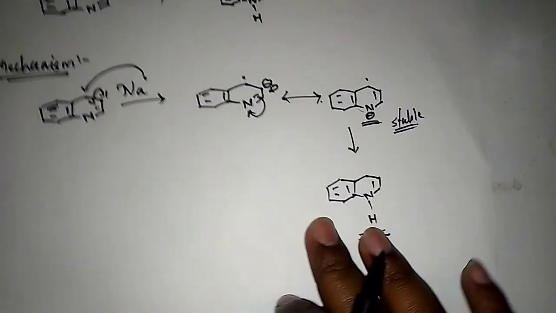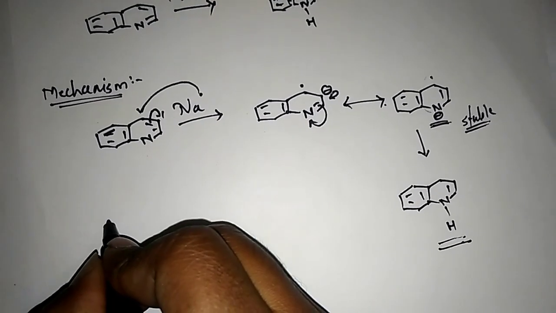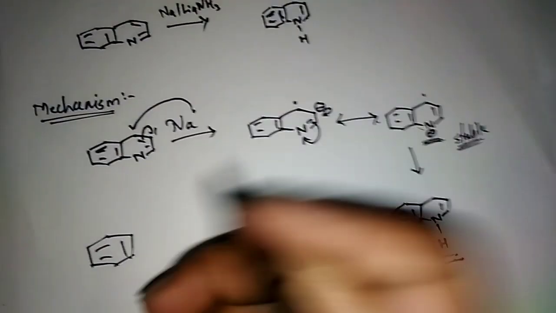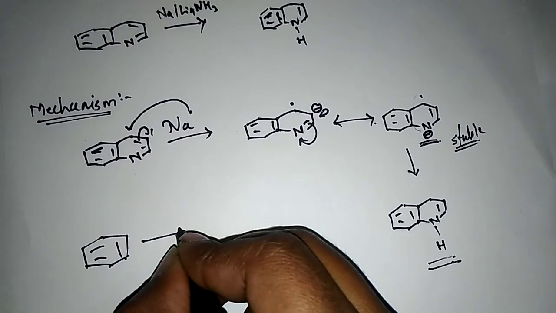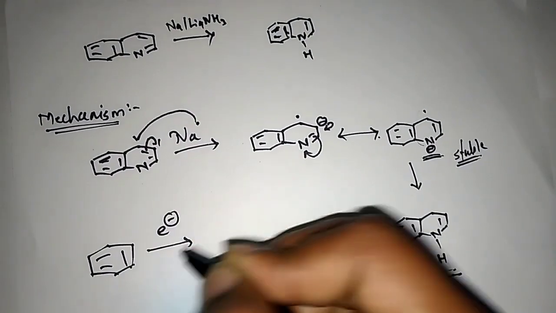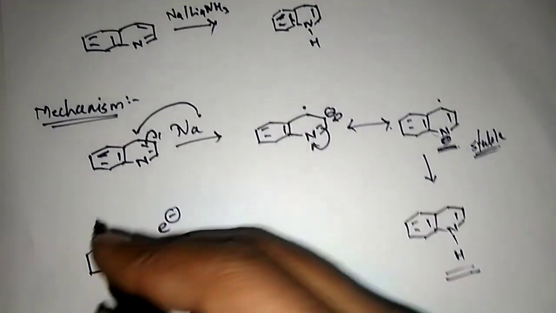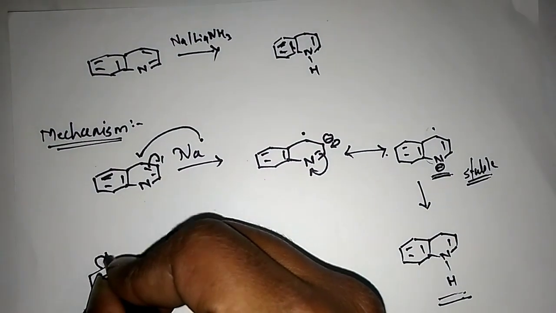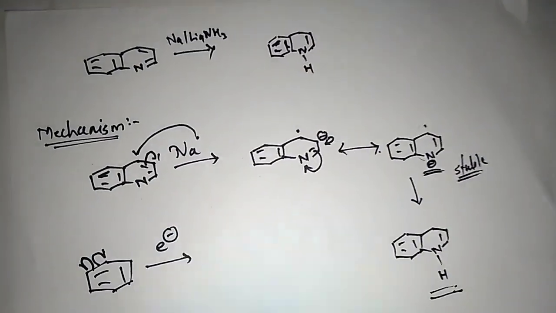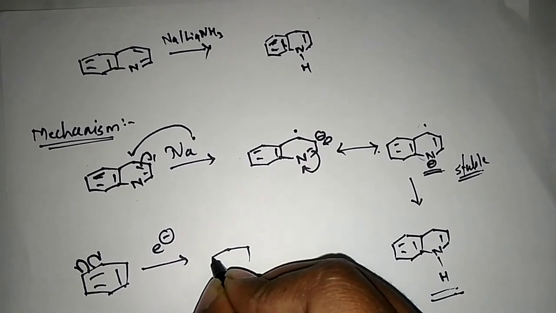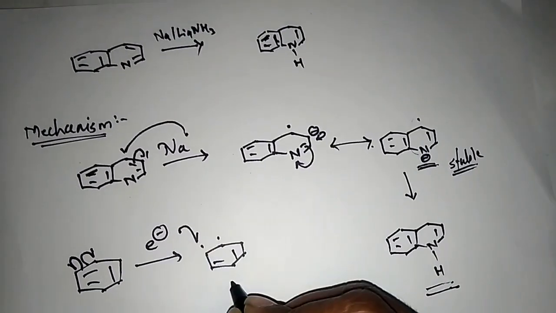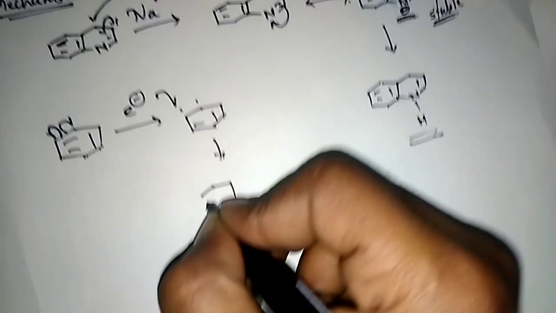And in some of the books the mechanism might be shown by taking a simple benzene. Under the influence of electron from sodium, these bonds undergo homolytic fission, forming such a kind of radicals, and then electrons come here, and then it makes a negative charge.